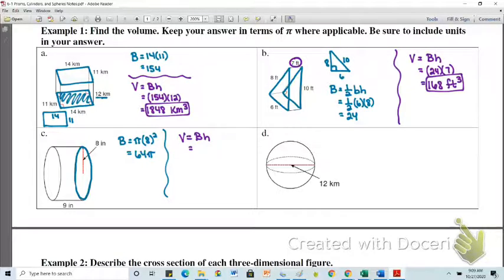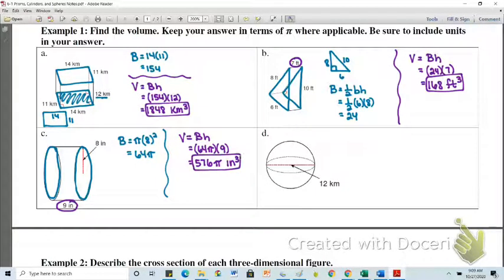My base area was 64 pi. And my height that connects the two bases, so there was one base, here's the other base, my height that connects them is 9. So I'm going to take 9 times 64, and I get 576 pi inches cubed.